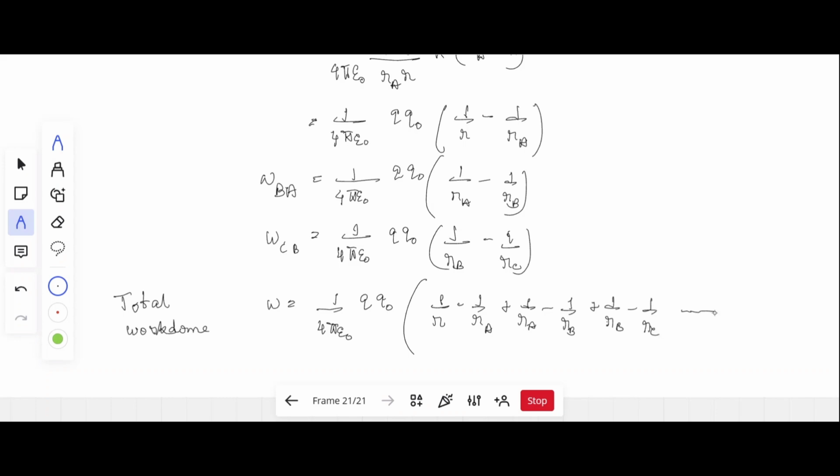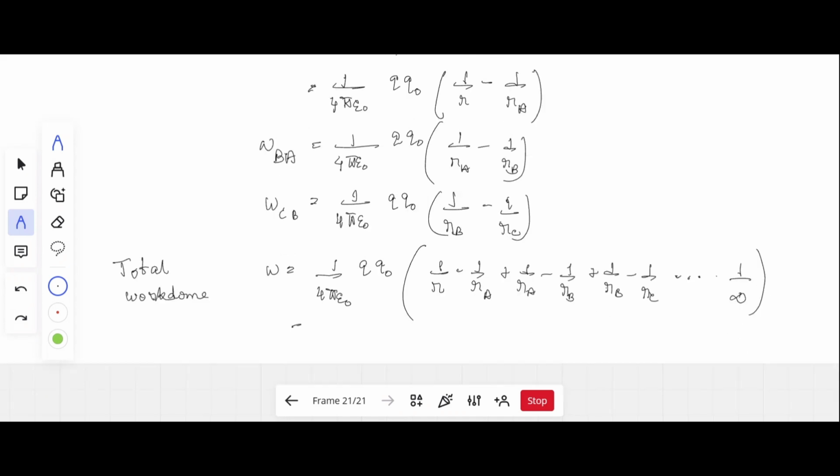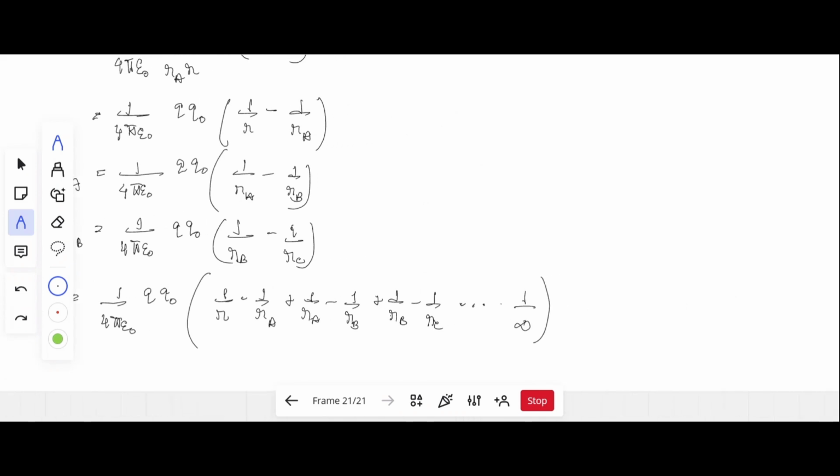This will go on, sorry, this will continue till 1 by infinity. So simplifying, we get the work done as 1 by 4 pi epsilon naught q naught.